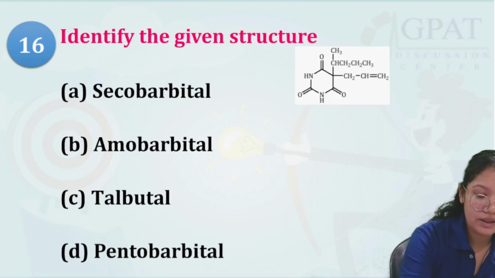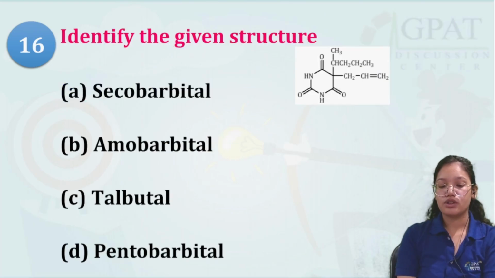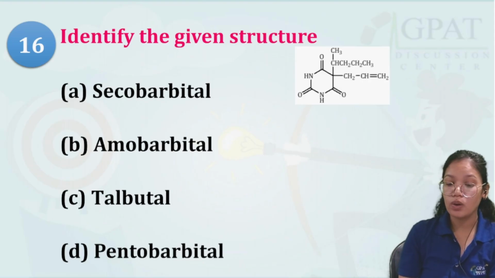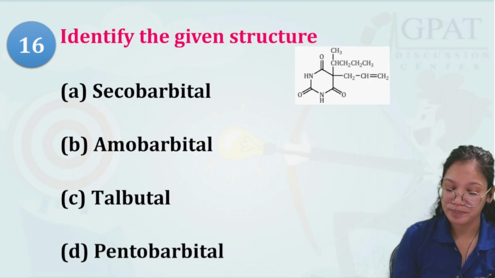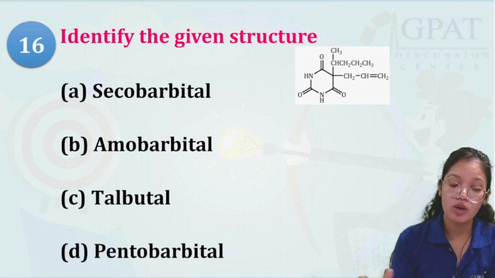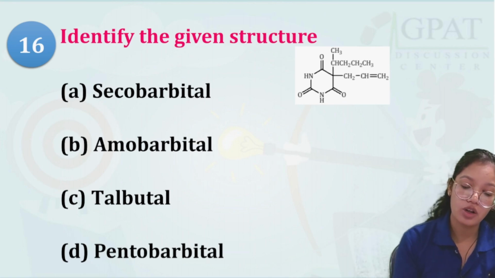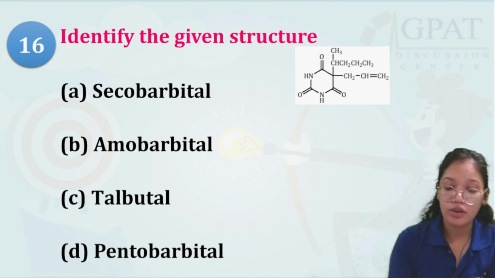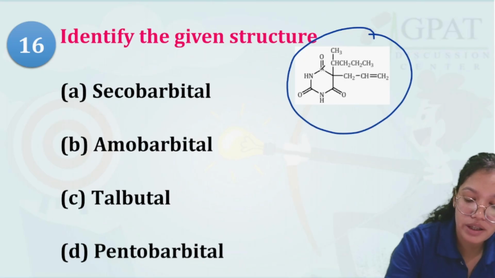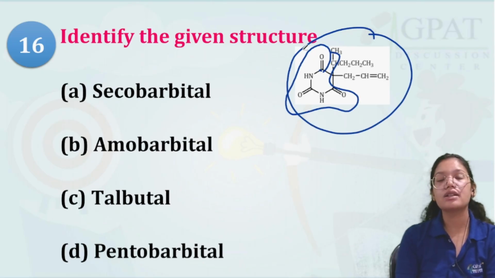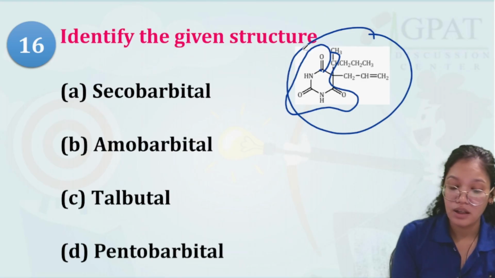Now next it says identify the given structure. They have given the structure and you have to identify which particular drug it is. Is it secobarbital, amobarbital, talbutal or pentobarbital? If you look at the structure carefully, it contains a barbituric acid nucleus, which is why it is called a barbital.